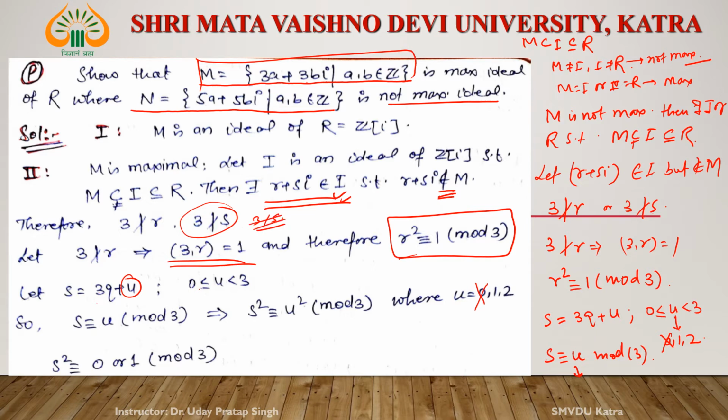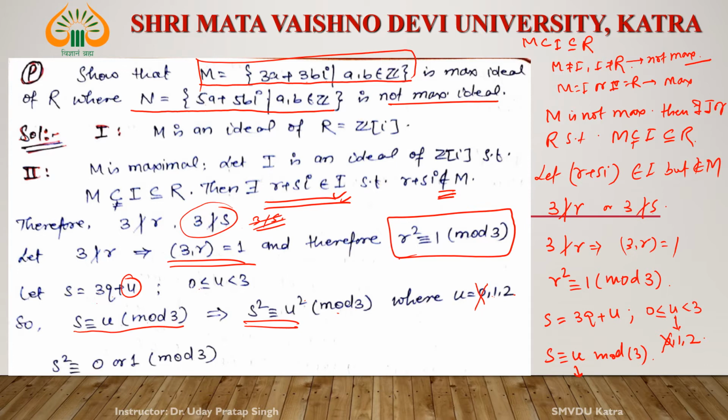Therefore S is congruent to U modulo 3. So from this relation we can write S square congruent to U square modulo 3, where U is 1 or 2.